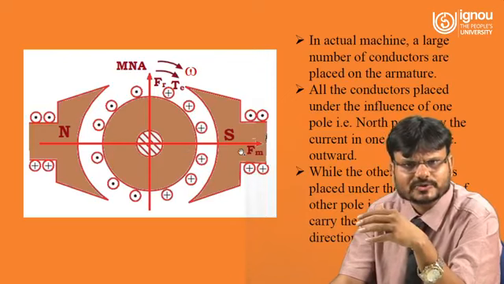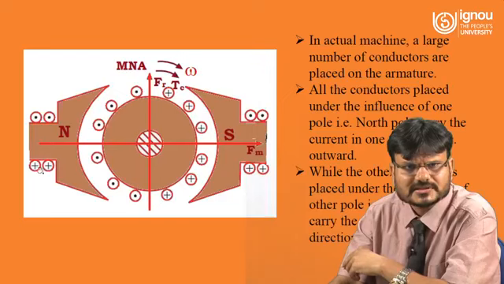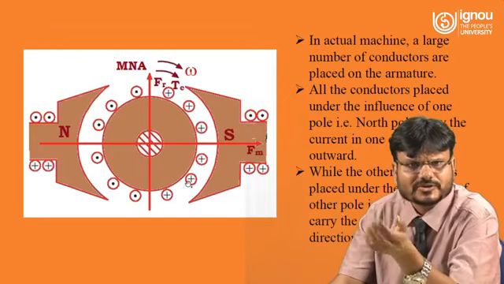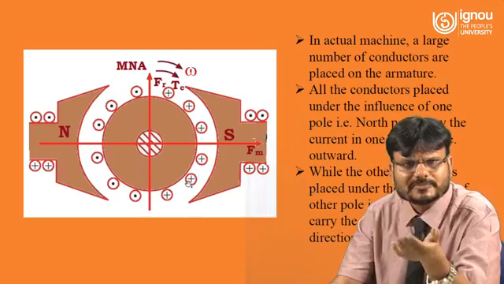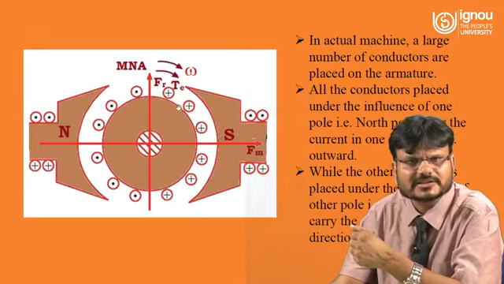And here you can see this plus and this dot is showing the direction of the magnetic flux due to the field winding, and this conductor is due to the armature only. So two types of flux are being produced. One is called main flux, another is the armature flux.